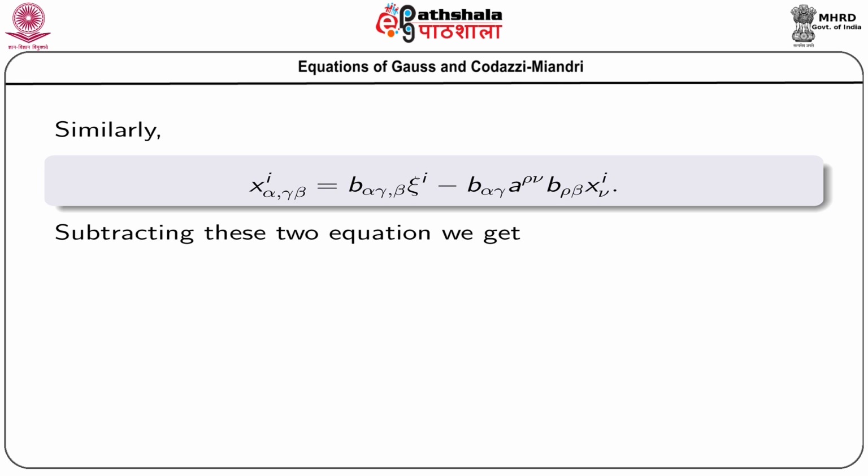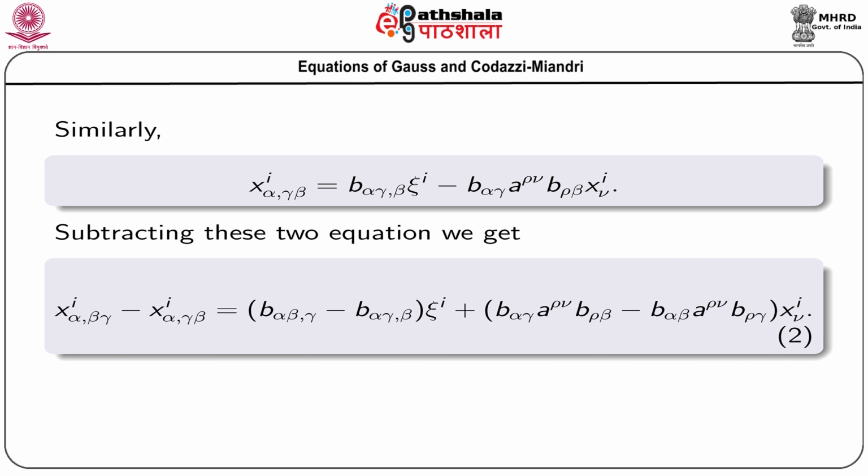So, subtracting these two equations, we get x I alpha comma beta gamma minus x I alpha comma gamma beta, and in the right hand side we obtain b alpha beta comma gamma minus b alpha gamma comma beta xi I. So, from the first term xi I is taken common, and from the second term we take x I nu common, and the expression comes to b alpha gamma a rho nu b rho beta minus b alpha beta a rho nu b rho gamma.